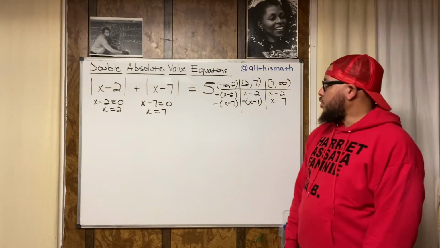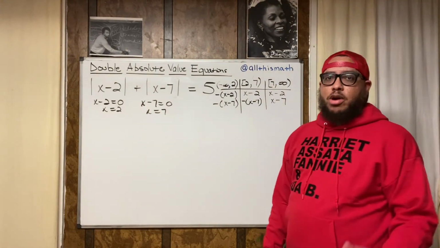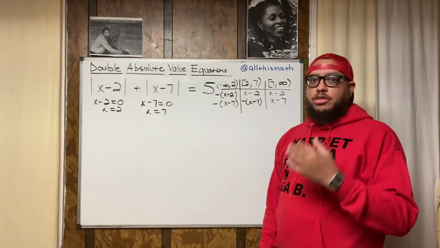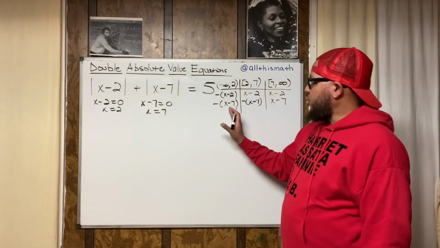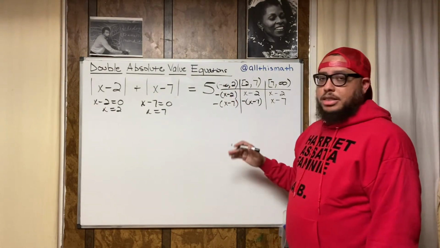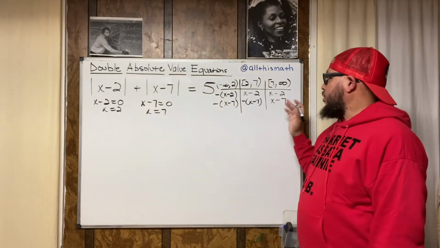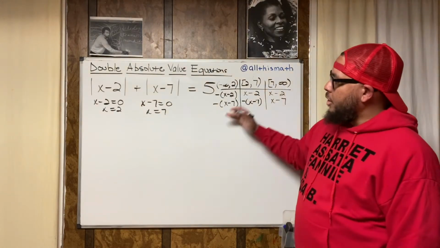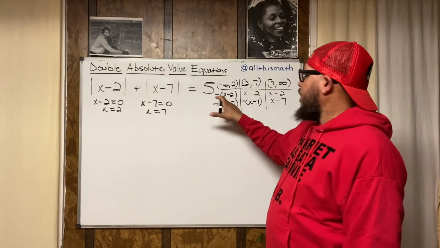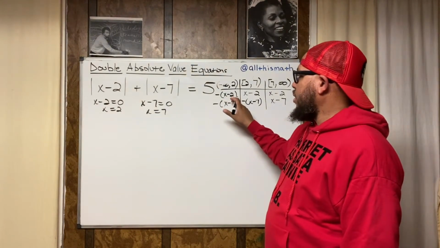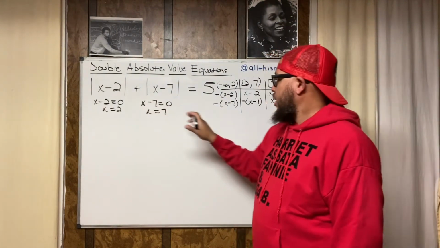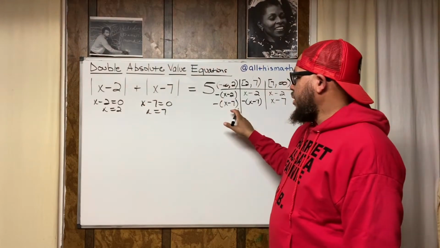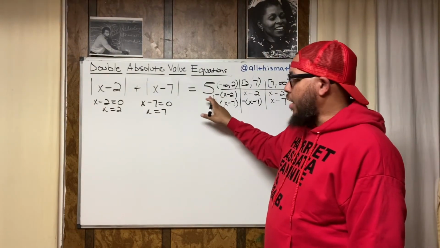So now it's time to set up our equations. We're going to have a total of 3 equations. The first equation is based on this interval. The second equation is based on this interval. The third equation is based on this interval. So I'm going to write negative quantity x minus 2 plus negative quantity of x minus 7 is equal to 5.